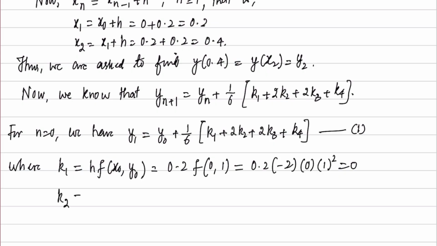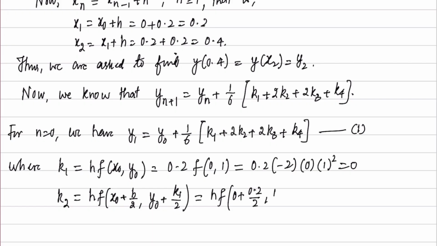K2 is equal to h f of x naught plus h by 2, y naught plus k1 by 2. So this is equal to h f of 0 plus 0.2 divided by 2, comma, 1 plus 0 divided by 2.